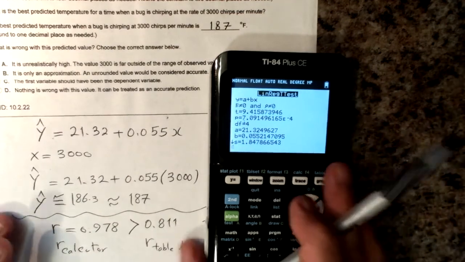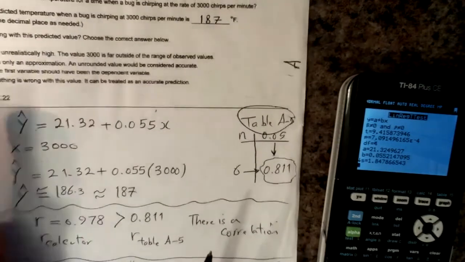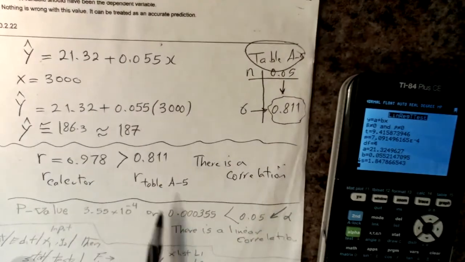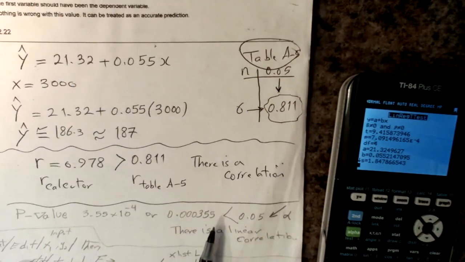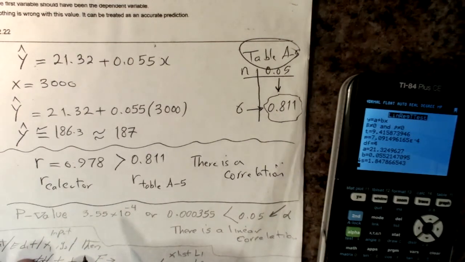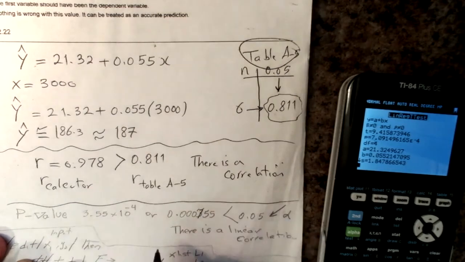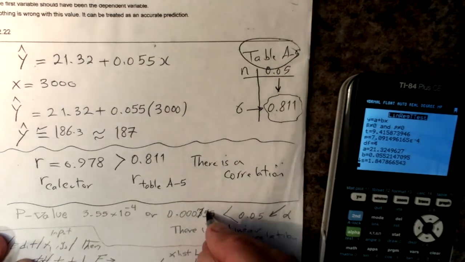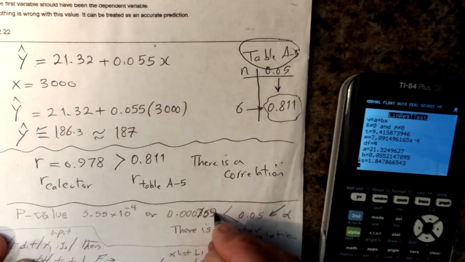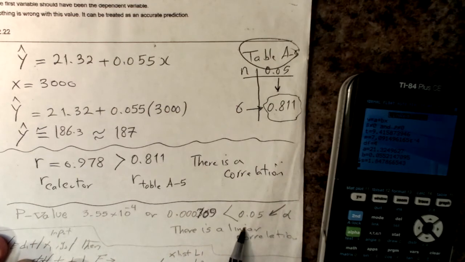And this p-value, you compare that with alpha. And here I think they came up with 0.00355. I don't know where they got these numbers, but this in fact should be 0.007. It doesn't matter because it still is way less than 0.05.